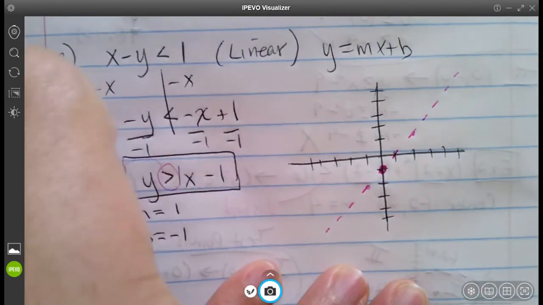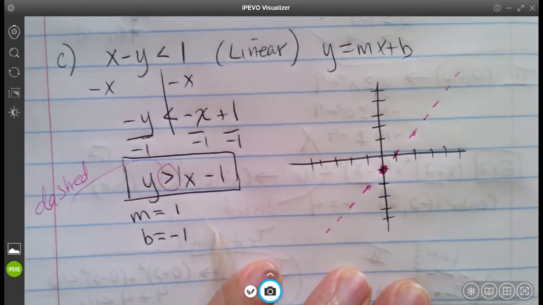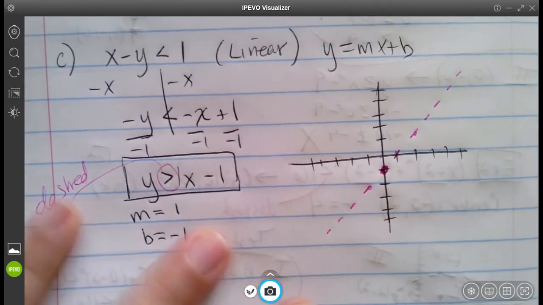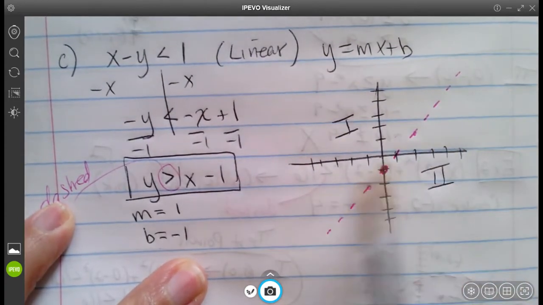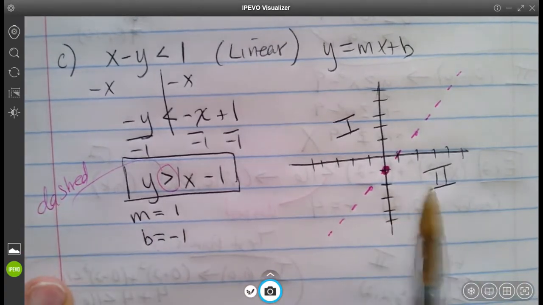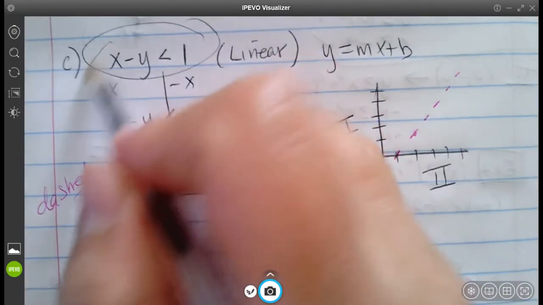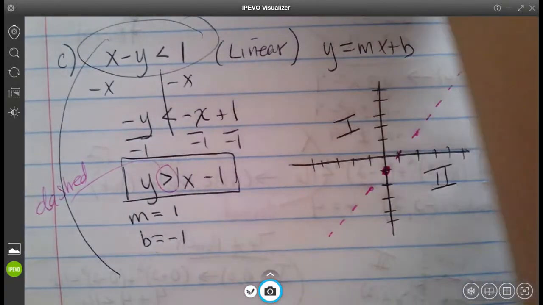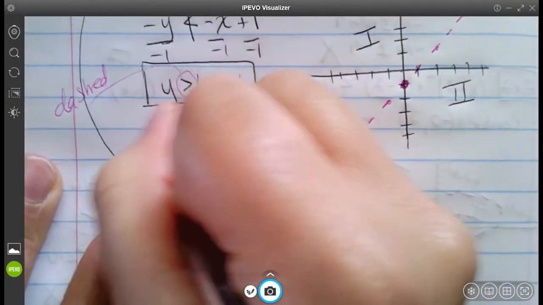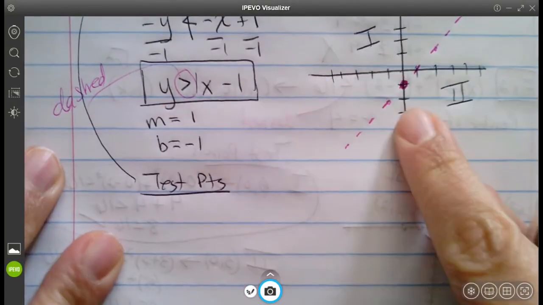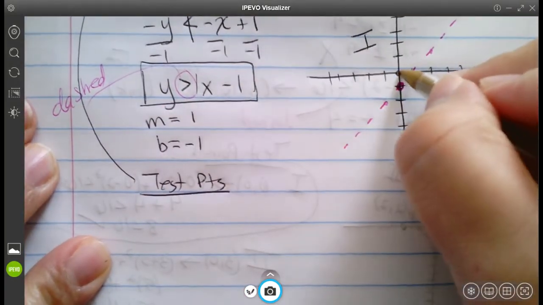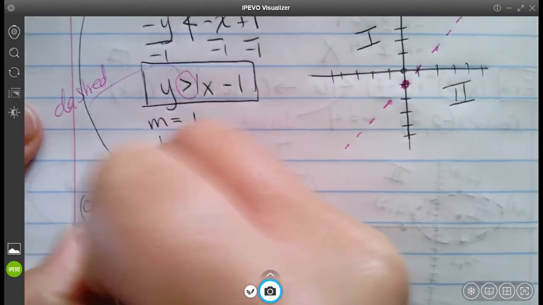okay? And it's kind of obvious which one we're going to shade because it tells us right here. But let's go ahead and do our test points just to be sure. So we have region 1, which is everything up here, and region 2, which is everything down here. We are going to use our original function to do the test points, okay? So let's go ahead and pick some points. Let's pick for region 1, the easy one, 0, 0, because it just happens to be there.